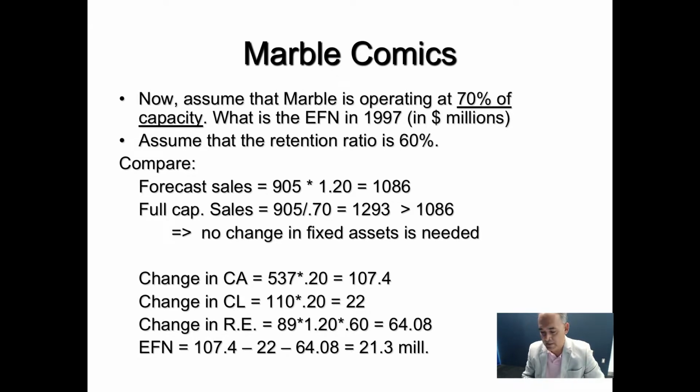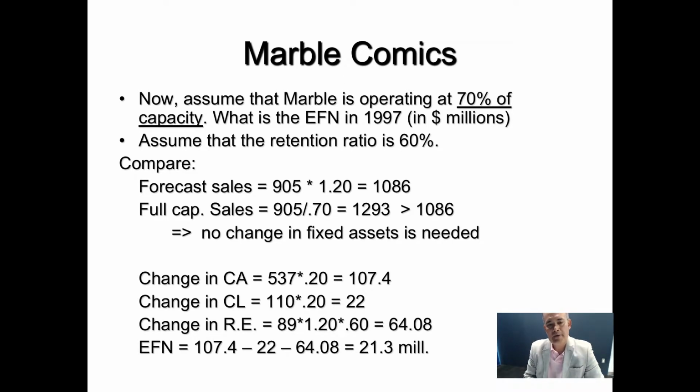So for instance, if I have $100 as net income, and my dividend payout is 40%, I will give away $40 to my shareholders as dividends, and I will keep $60 as retained earnings in my company. So the retention ratio will be 60% and the dividend payout is going to be 40%.